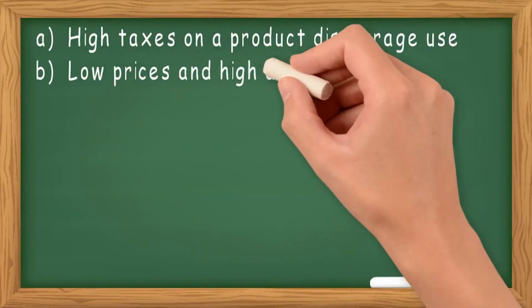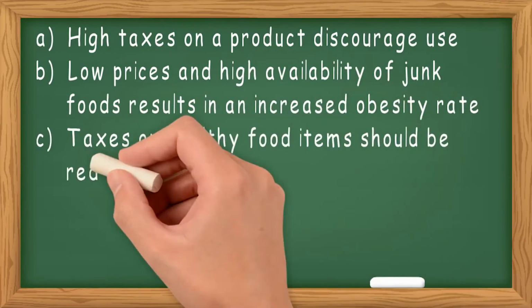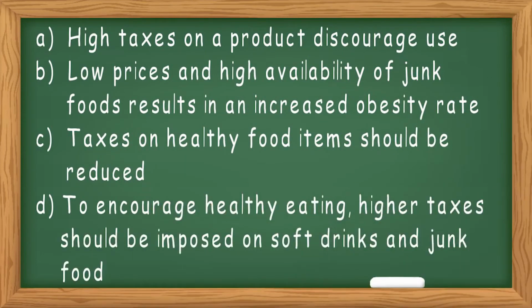A. High taxes on a product discourage use. B. Low prices and high availability of junk foods results in an increased obesity rate. C. Taxes on healthy food items should be reduced. D. To encourage healthy eating, higher taxes should be imposed on soft drinks and junk food.